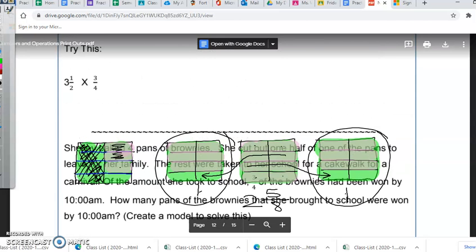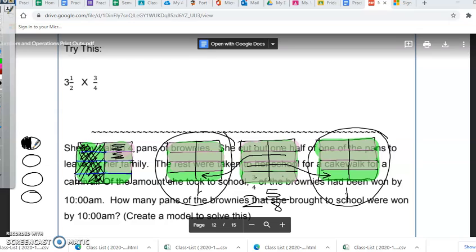So, remember our original problem was 3 1/2, right? Well here, remember we started with 4 pans of brownies. 1, 2, 3, 4. And, sorry, no, I'm making a circle this time. I left that much for my family. So actually what I took to the carnival was 3 1/2.